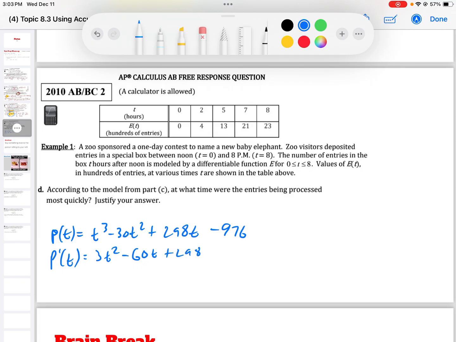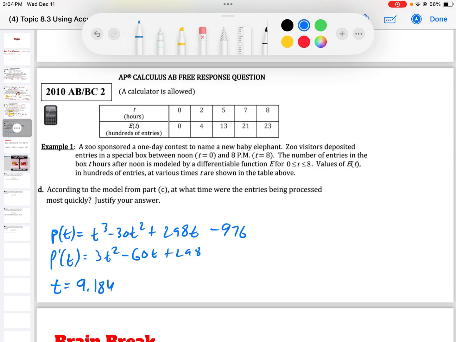P prime of T is equal to 3T squared minus 60T plus 298. And I would graph this. And what I'm trying to do is find where the derivative is equal to 0. And I would use my calculator, and I think I find that the derivative is equal to 0, it crosses the x-axis at 9.184.